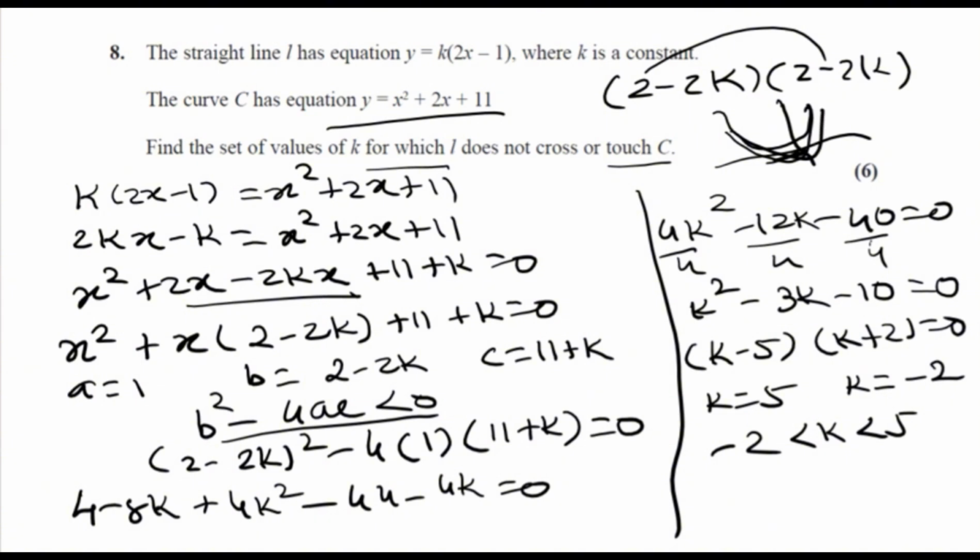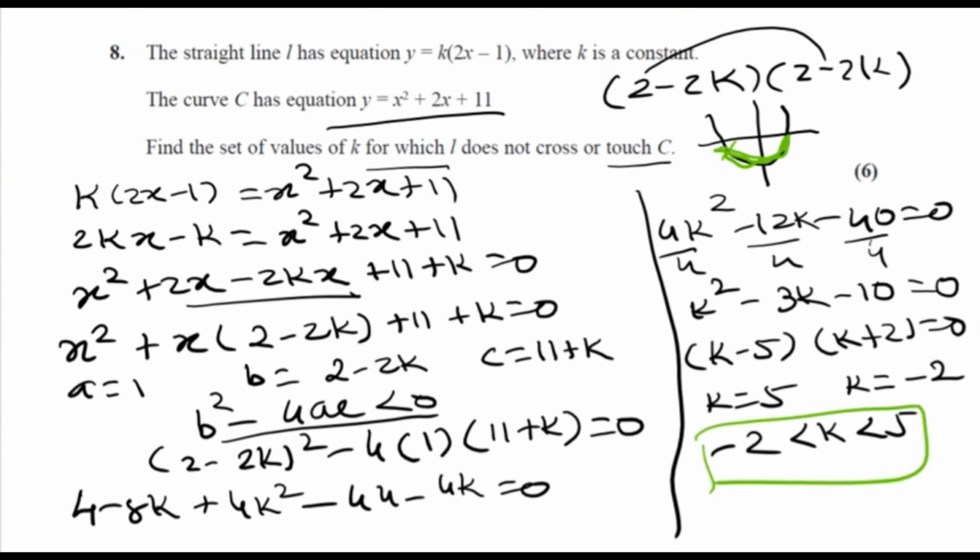So whenever there is a less than, we have to use this. Let me do it clearly. So this is the xy axis and this is our graph. This set of values is our answer because it's less than 0, it's below the x axis. So you can write the answer in this form.